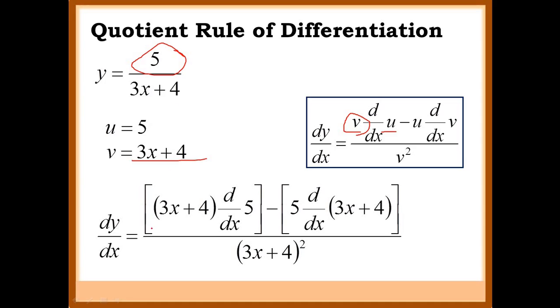Here, yung nasa baba, 3x plus 4, v, times derivative nung nasa taas, which is 5, minus, and then sundan natin si formula, u, yung nasa taas, which is 5, and then multiply to the derivative of v, yung nasa baba natin, which is 3x plus 4, all over, this is our v, and then kunin natin yung square. That is how we apply our quotient rule of differentiation.